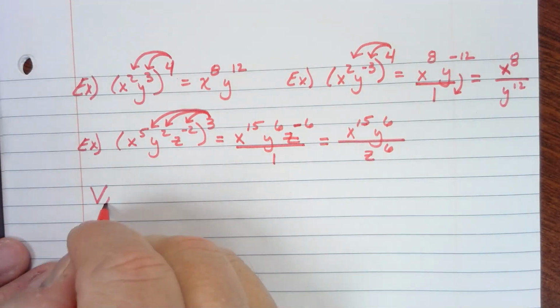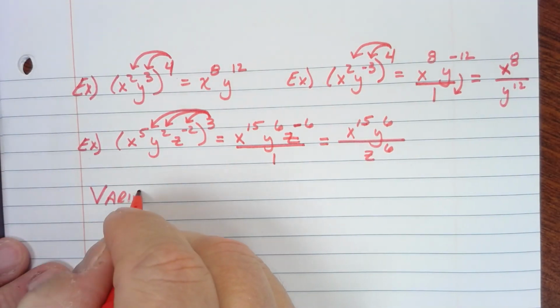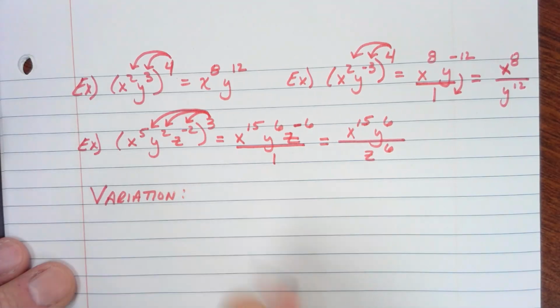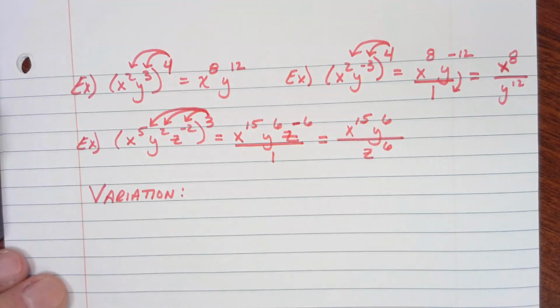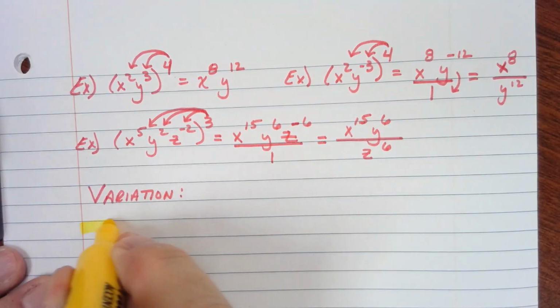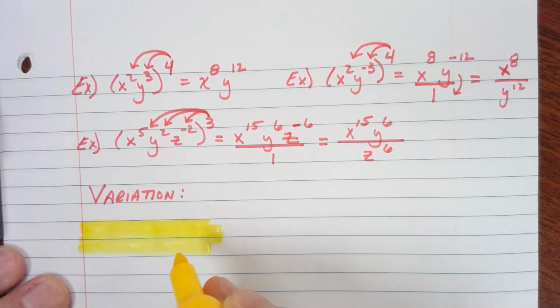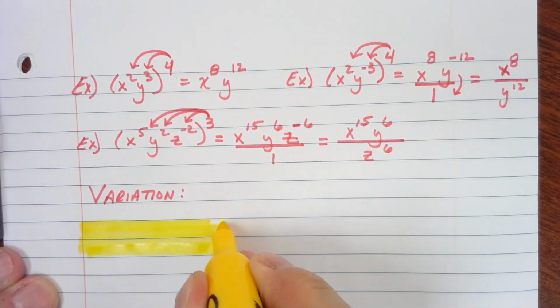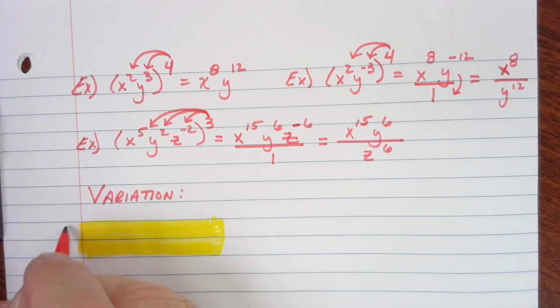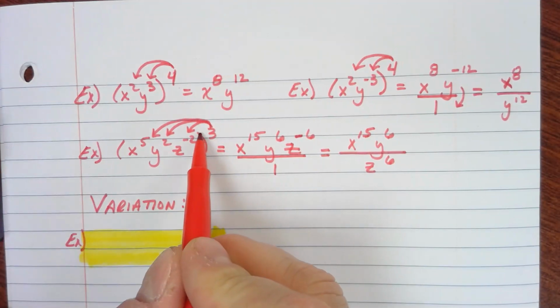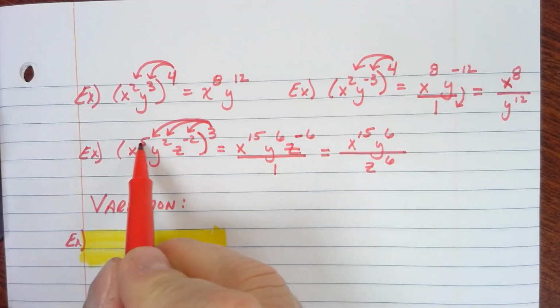Now there is a variation of this, a variation of the power rule. But it's the same thing, so don't overthink it. It's not that hard. The rule is that if there is a power outside of the parenthesis, I multiply it times all the exponents on the inside.